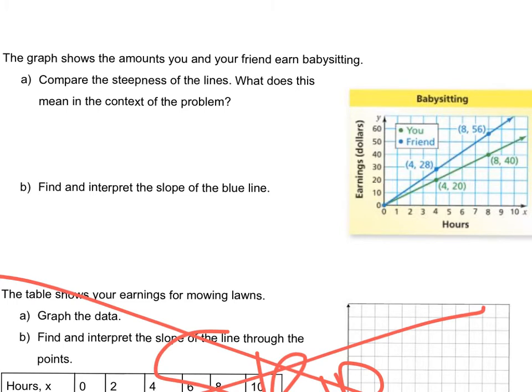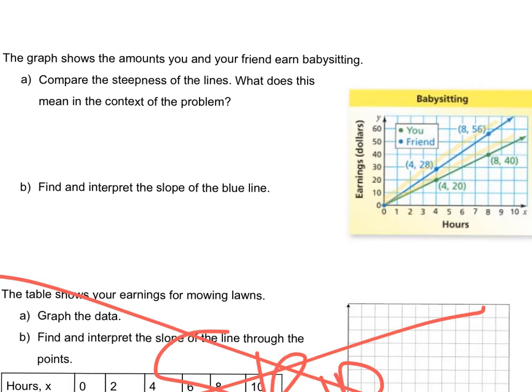So for A, we're going to compare the steepness of the lines. What does this mean in the context of the problem? Well, if we're going to compare steepness, what I would consider is which one would be harder for me to run up. Which line's going to be harder to run up, or maybe bicycle up? Now, granted, both of those are probably difficult for me to bicycle up.